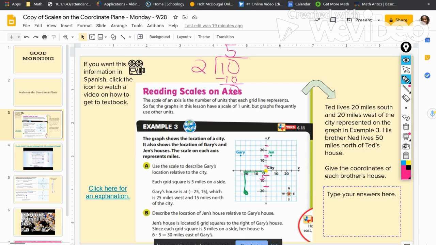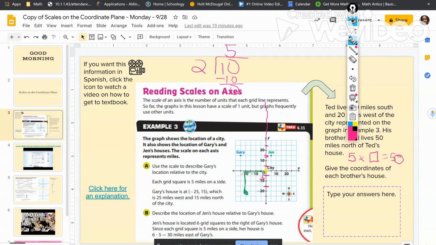But I'm trying to go up 50 miles. So would it make sense to try to go up to 50 up here, all the way up on the coordinate plane, somewhere up there? But I know that each grid line is worth 5, so what number times 5 would get me to 50? 10.